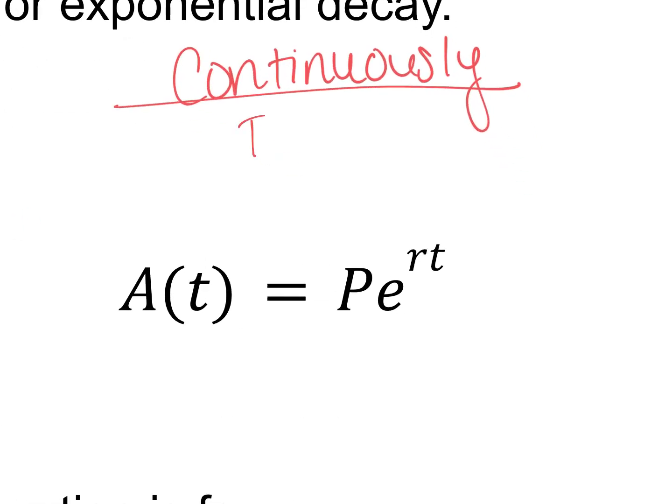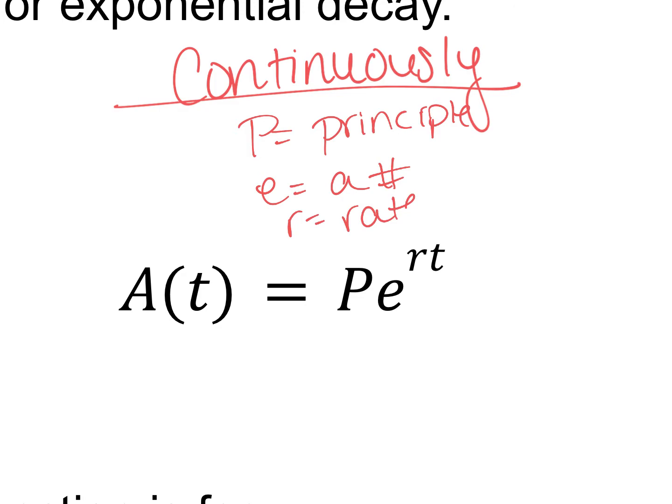Whenever you're doing this, the P is still your principal or the initial amount. The E is actually a number, about 2.7. It's an irrational number, kind of like pi, and there's a certain button on your calculator to hit for that number. R is still your rate, and T is still your time.